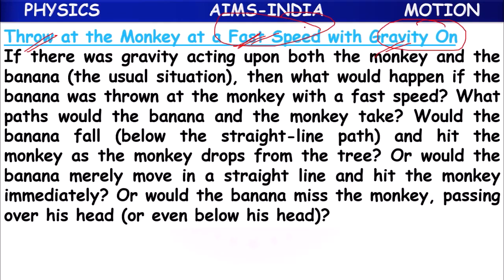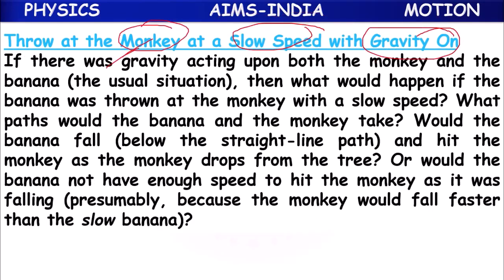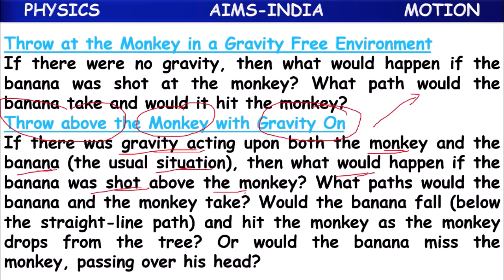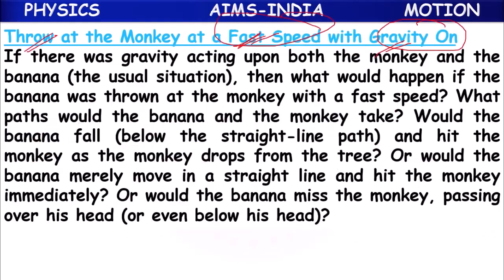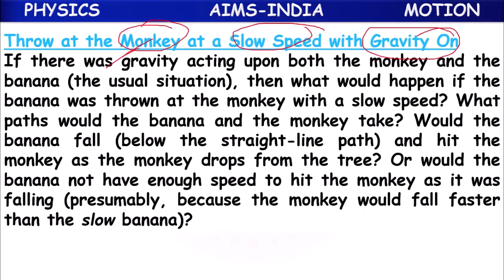So in one case, above the monkey. Second case, fast speed at the monkey. Third case, slow speed at the monkey. Fourth case. So let's see what happens in the second, third and fourth cases.